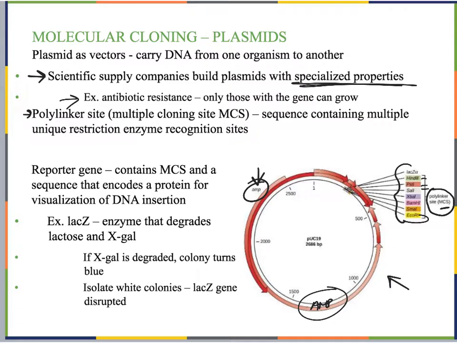Now again, if we do that and then we put it back into the organism, we need to know which organisms got the right thing. We can do that utilizing what's called a reporter gene. A reporter gene is one that contains the MCS and a sequence that encodes a protein for visualization of DNA insertion.